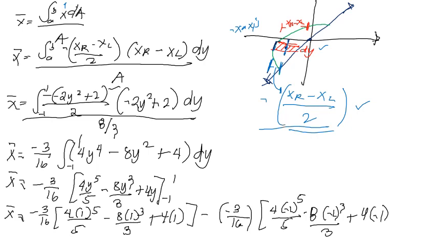So this is now equal to x bar. Just input this in your calculator and you will get negative 4/5. So therefore, our x bar is located at negative 4/5. It's around negative 0.8.